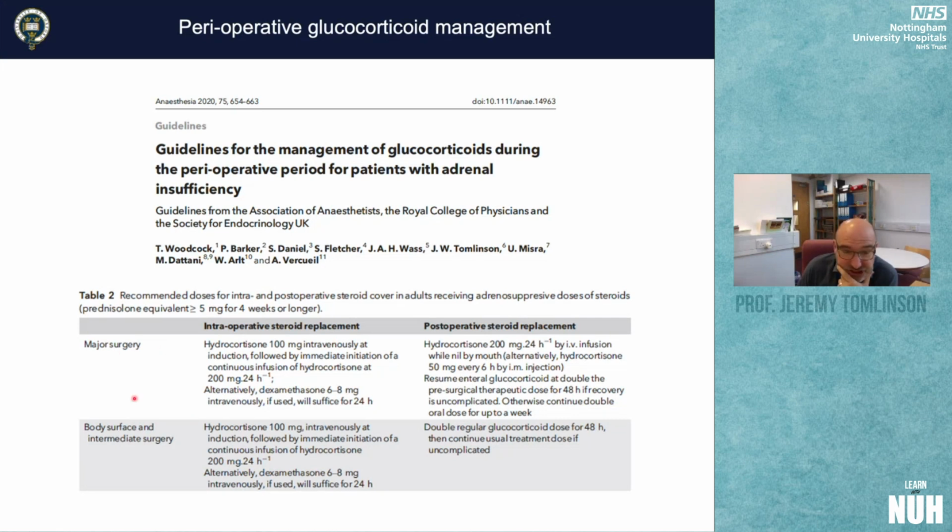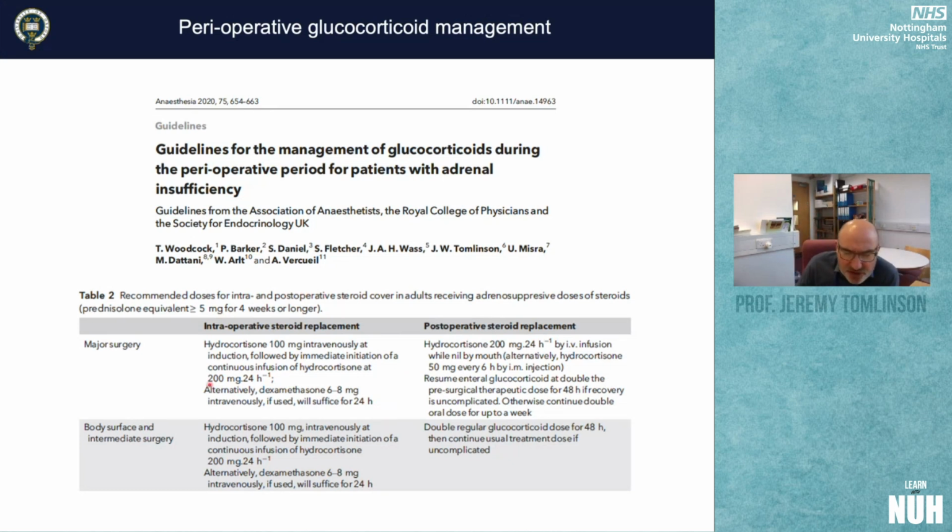And therefore, after significant and lengthy discussion across the table, we came up with the recommendations that at times of major surgery, people should get cover if they had evidence of adrenal insufficiency, and here we stated that had been a prednisolone equivalent of 5 milligrams or greater for more than 4 weeks, and we'll come on to that a little bit in a moment.